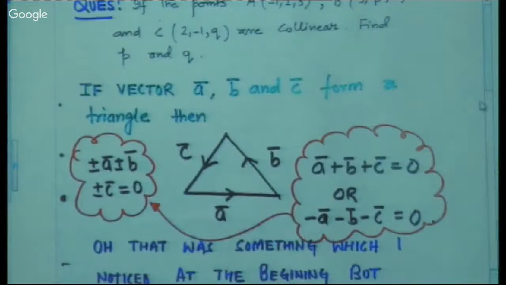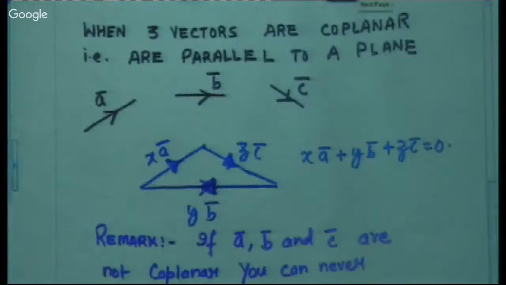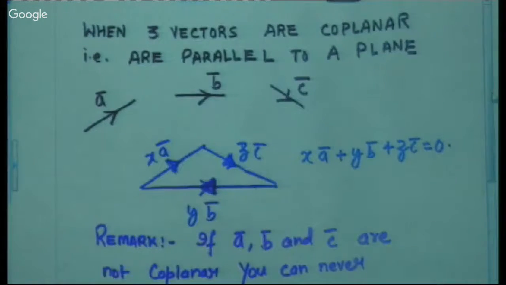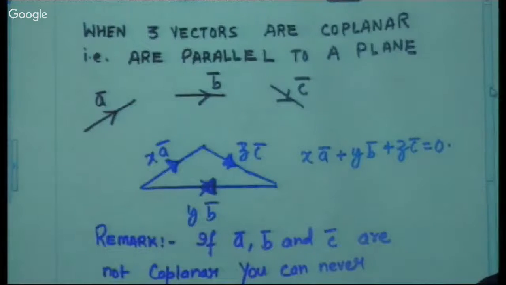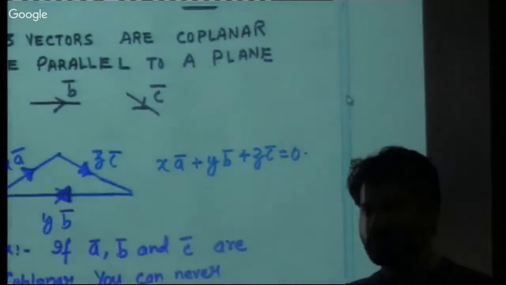Can we come down? Next page. So that was the result. We understood that when 3 vectors are coplanar, that is, parallel to a plane, we can any day create a triangle. So when we have to test whether 3 vectors are coplanar or not, in a practical way, it means that we can create a triangle if we scale it properly, if you multiply it with some particular constants. So if I get the sum as 0, we can write them as a linear combination, right?